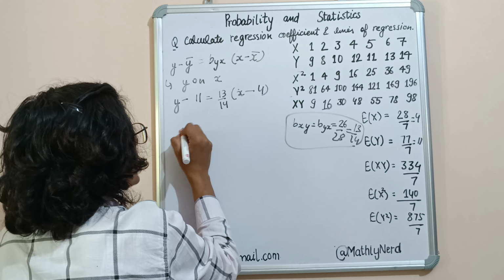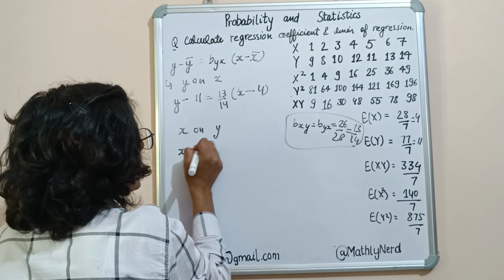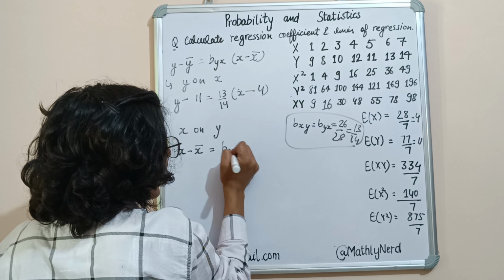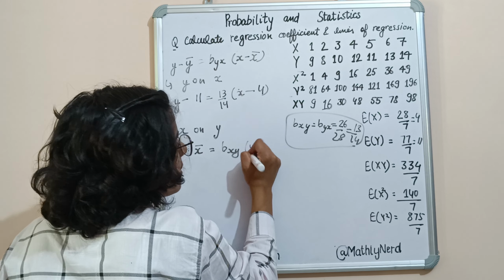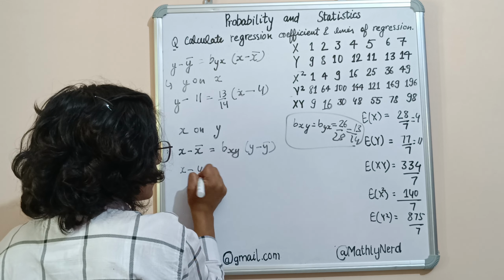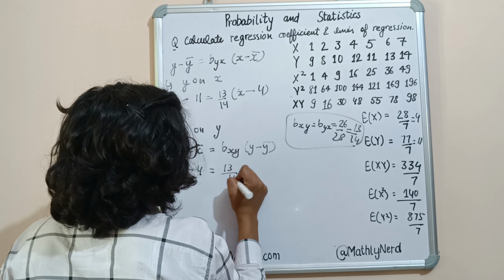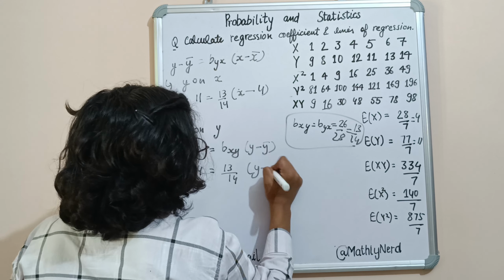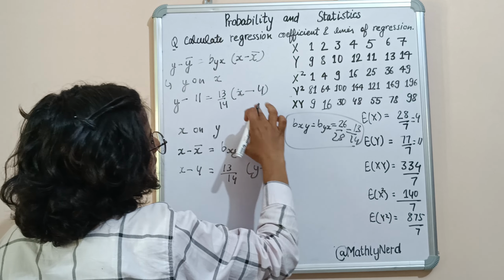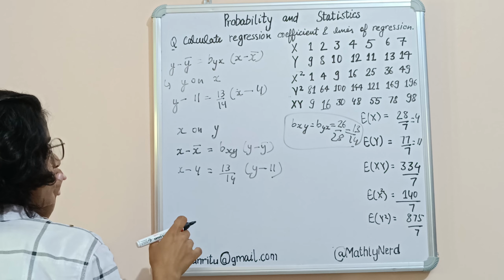And for line x on y, the equation will be x minus x bar equals bxy times y minus y bar. If we put the values, x minus 4 equals bxy, 13 by 14, times y minus 11. So these are our equations for the regression lines, and we can also solve them further.